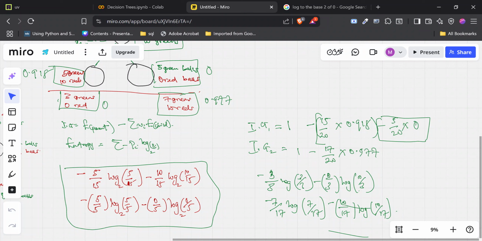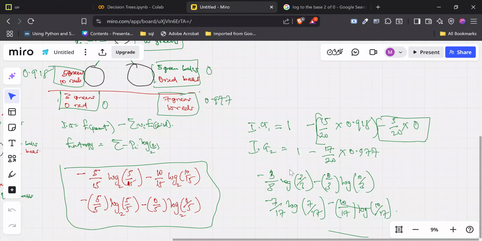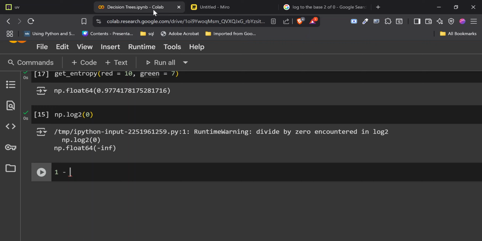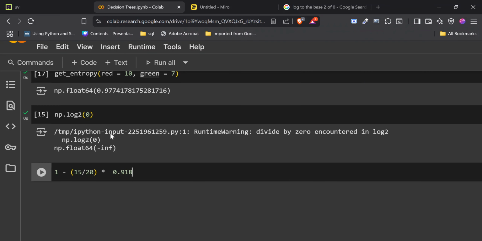So if we come to NumPy and just quickly compute that. For the first one, that's going to be 1 minus 15 divided by 20, multiplied by 0.918. I think that is correct. So we can multiply this whole thing so that there is a big bracket for everything. If we run that, what do we have?